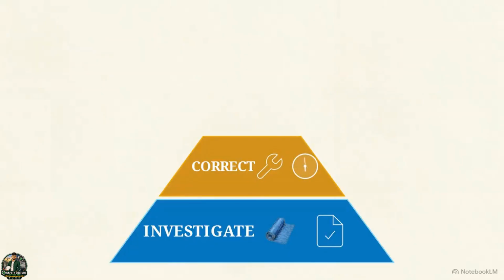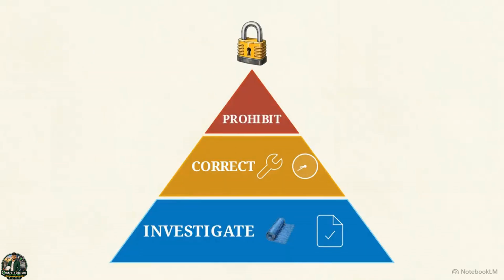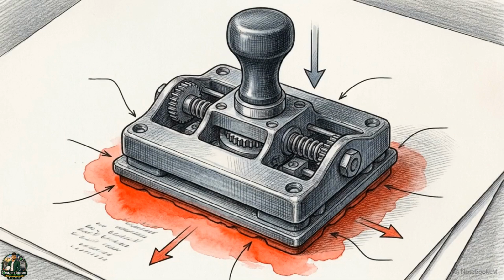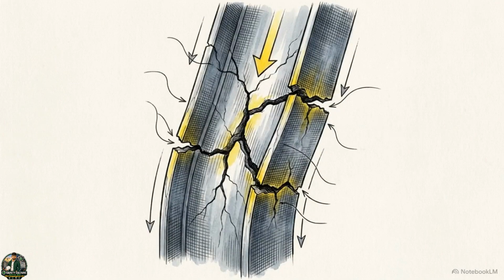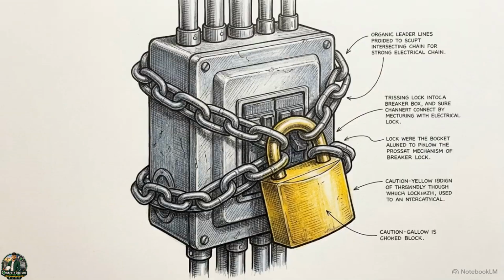The ultimate punitive and preventative power rests at the peak, detailed in Section 40, subsection 2. The legal trigger here is imminent danger. If the condition of the plant involves an immediate threat to human life, the inspector executes an immediate written order prohibiting the use of the building or machinery entirely until properly altered.